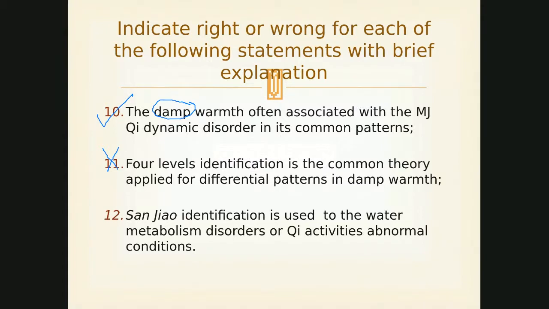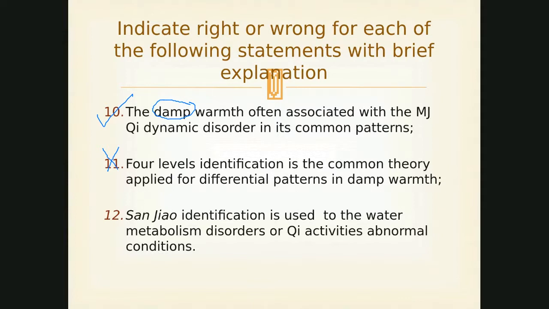They're not always easy to match between four levels and triple burner. They have some similarities in upper burner and wei level, but are not absolutely linked. It depends on clinical manifestations, so they cannot be matched absolutely.